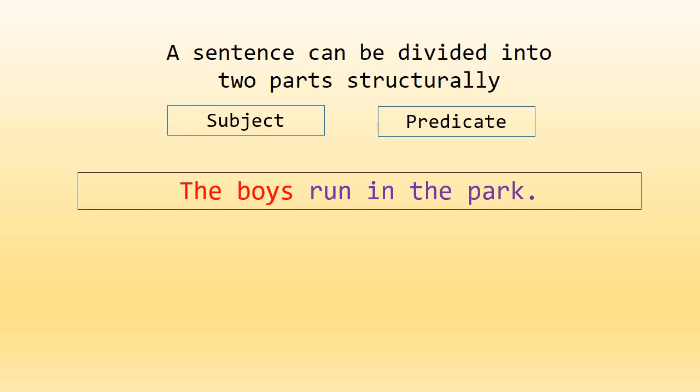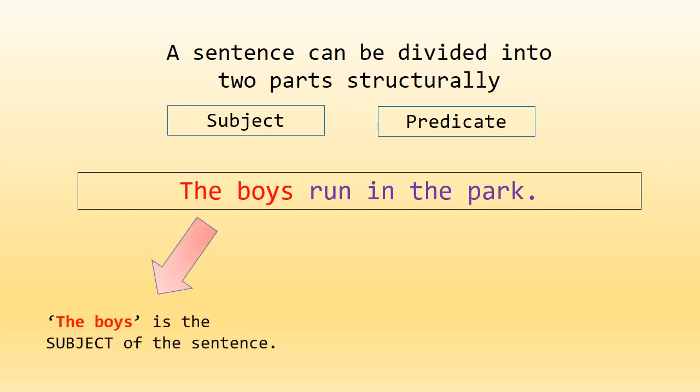In this sentence, the boys is the first part of the sentence about which we are talking. It is the subject of the sentence. And the second part, run in the park, says something about the subject.